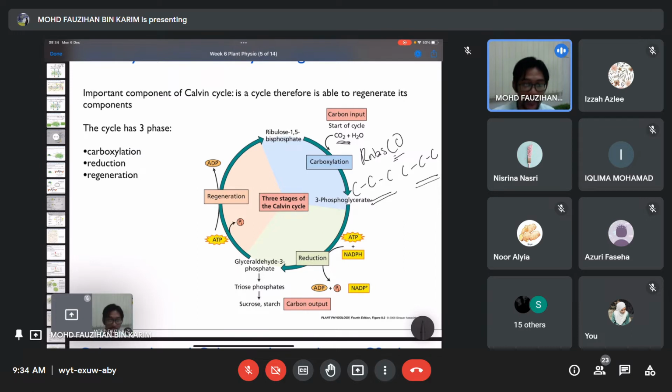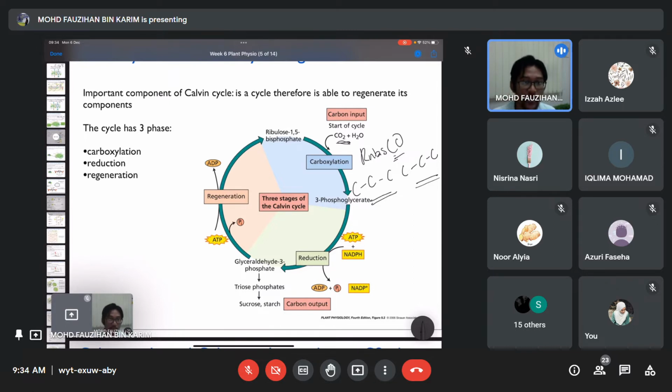Sometimes I use the names of the molecules interchangeably, because the 3 carbon can also be phosphoglycerate, can also be pyruvate, can also be some other types of molecules, right?